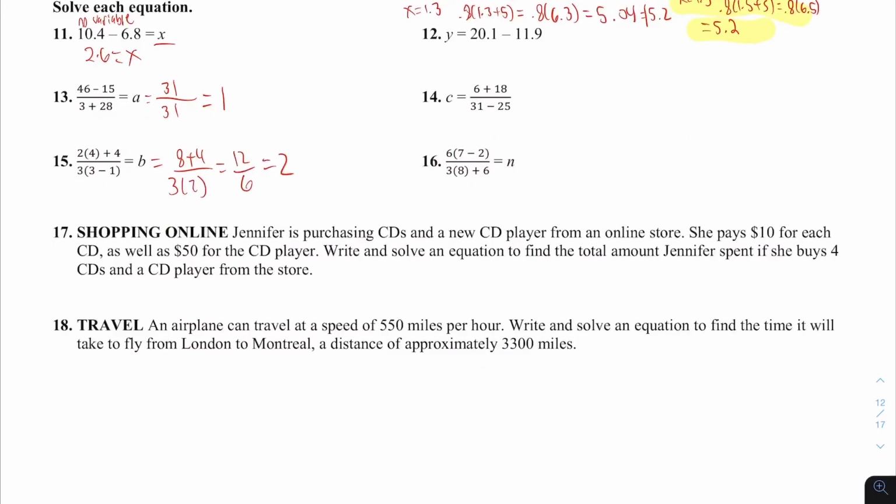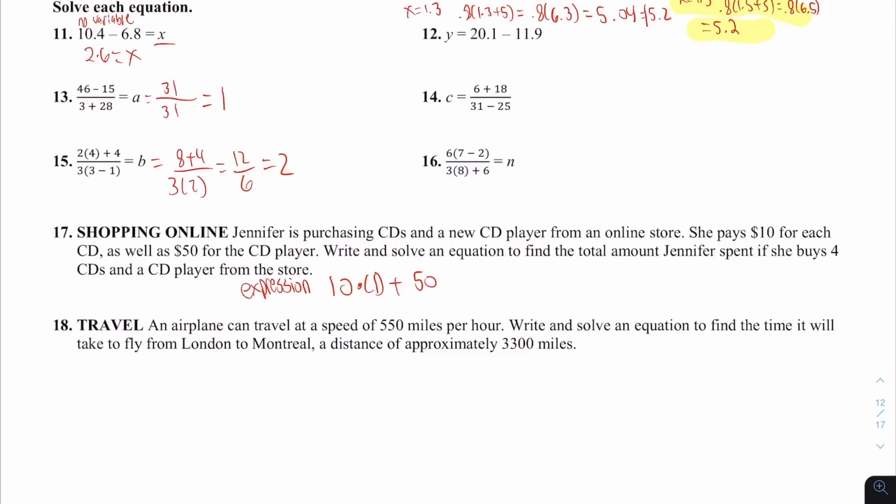Here we have a word problem. The first number says $10 for each CD plus 50 for the player. And then it says write and solve an equation. So this part right here, this is just the expression.